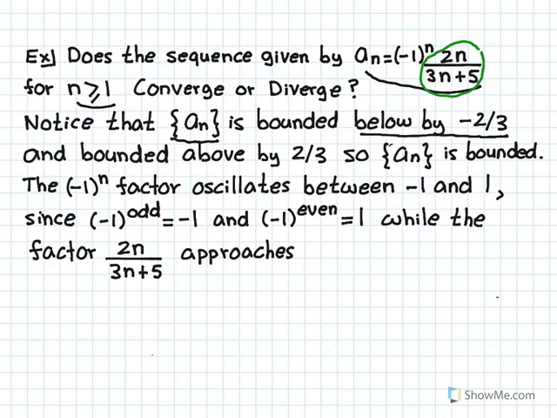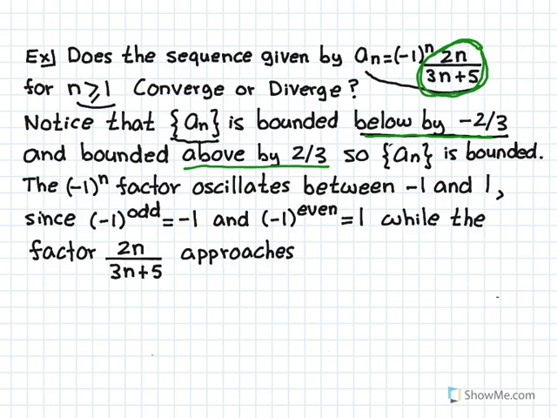When n is an odd integer, negative 1 to the power of n is equal to minus 1. So we can see that this is bounded below by negative 2/3, and it's bounded above by plus 2/3, because negative 1 raised to an even power gives us 1. And when we take the limit as n goes to infinity of 2n divided by 3n plus 5, that gives us 2/3.